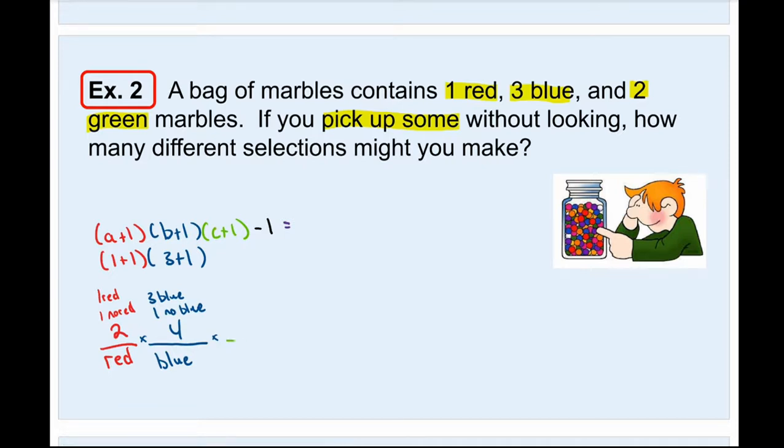For my green marbles, same idea. I have 2 green that I could select, and I have the option of selecting no green. So that means 3 options. Or in my formula, 2 plus 1. I still subtract 1 in either case for that null set, that set where I don't have any.